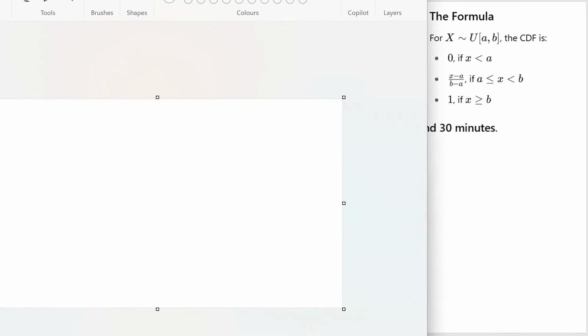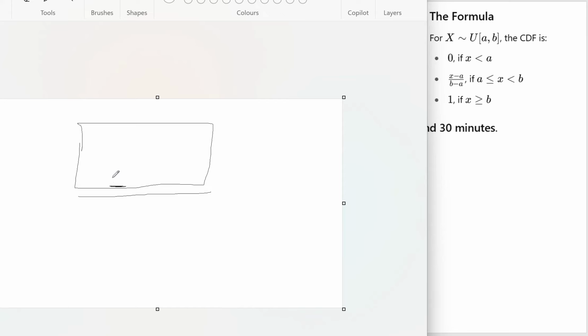So if we have a rectangle, let me draw a rectangle here. If we have a rectangle, then this is the total base, and this is a smaller base, right?